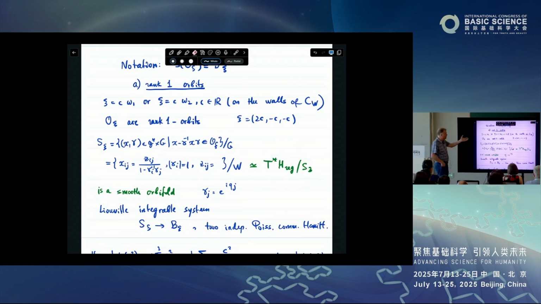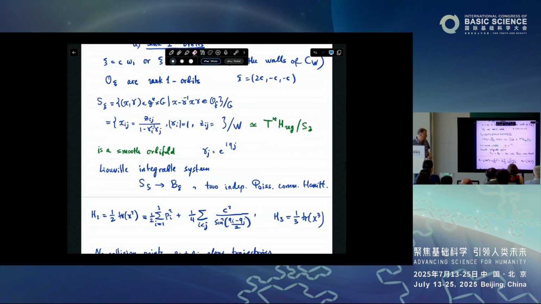And now let's look at these symplectic leaves. I just want to remind you that these are symplectic leaves in the T star SU(3) mod SU(3). So first, if this is a rank 1 orbit, passing through c omega 1 or through c omega 2. That's the definition of symplectic leaf.